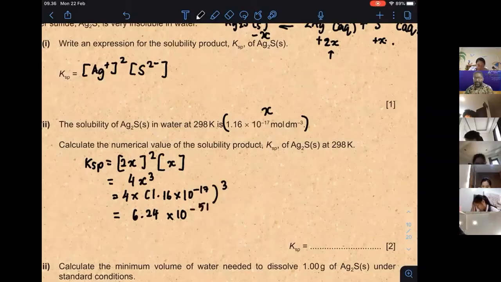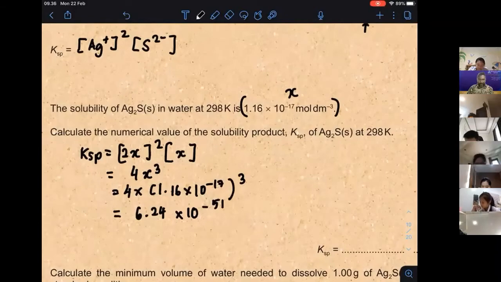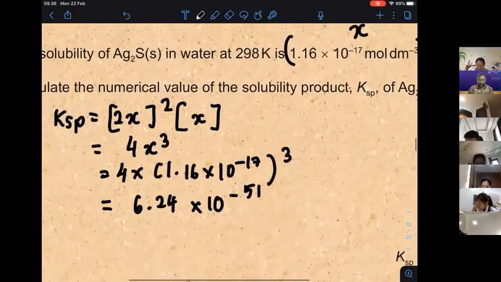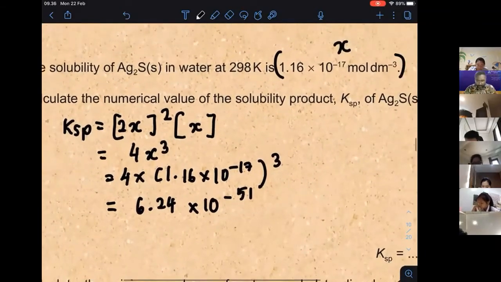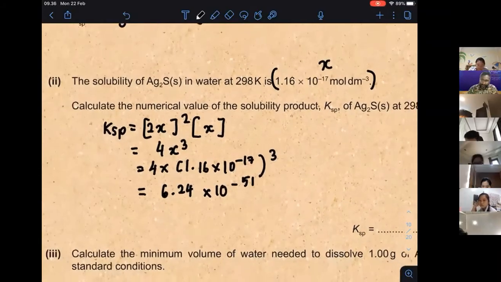When I saw that number, I was thinking I'm wrong, but just double check, and you will get 6.24 times 10 to the power of negative 51.